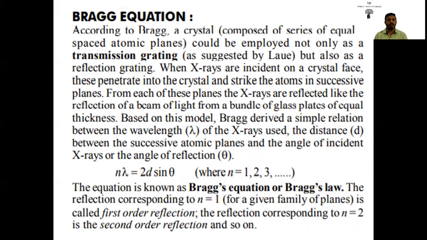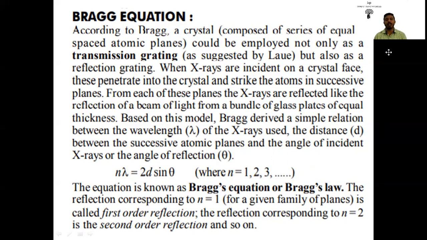Then Bragg's equation. According to Bragg, a crystal that is composed of a series of equally spaced atomic planes could be employed not only as a transmission grating but also as a reflecting grating. When X-rays are incident on a crystal face, they penetrate into the crystal and strike the atoms in successive planes.